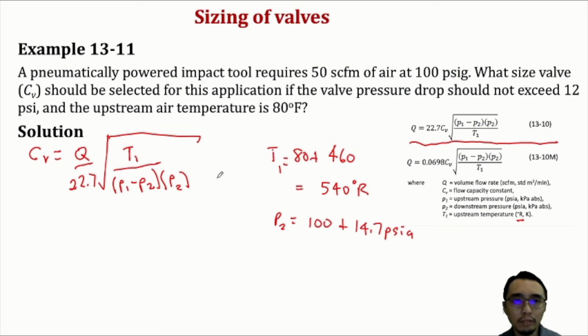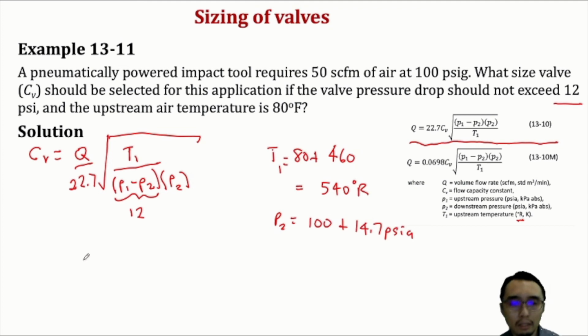So we have T1, we have P2, and the pressure drop here is 12 psi, so that will be P1 minus P2. P2 is given here, so we have all the values.